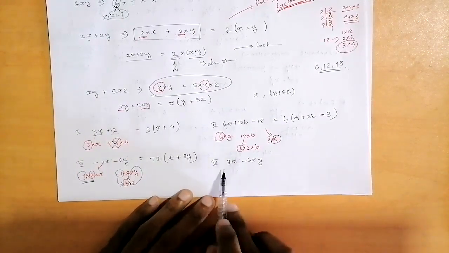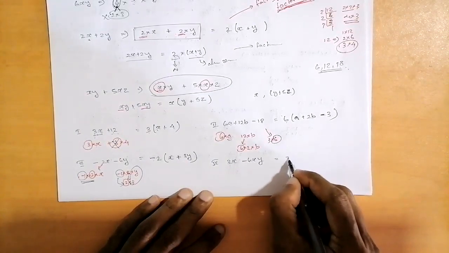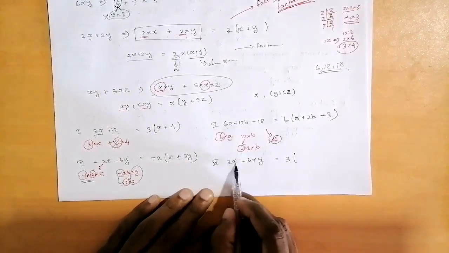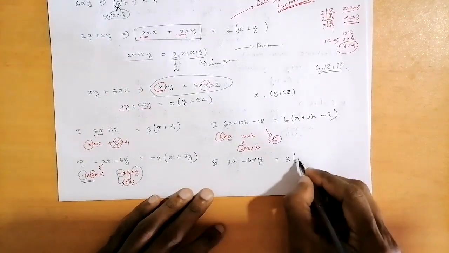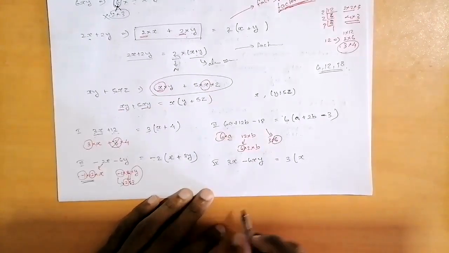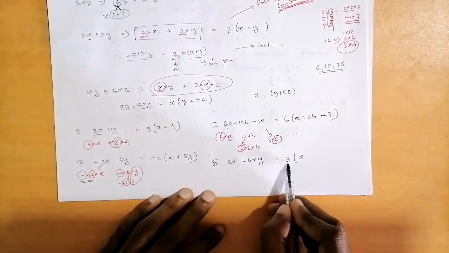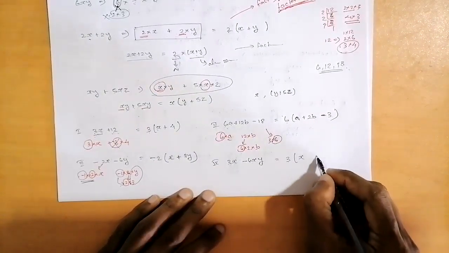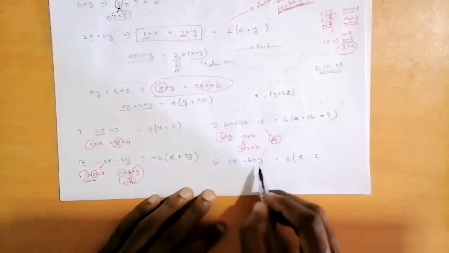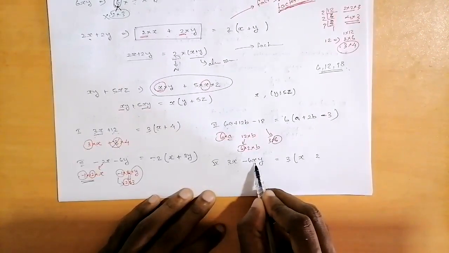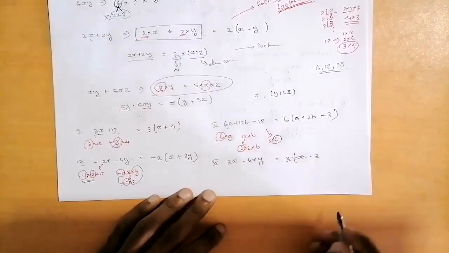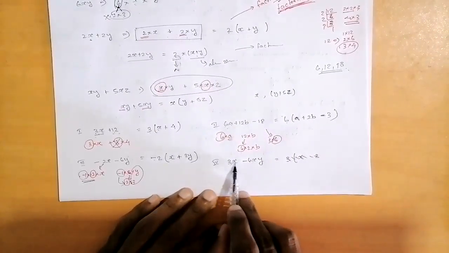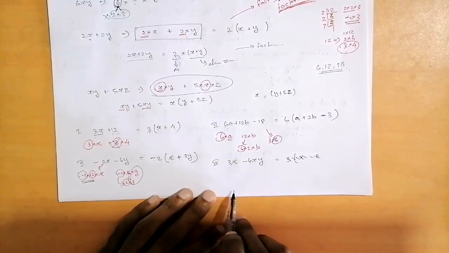I made a mistake here. Sorry, we'll restart here. So 3x minus 6xy.